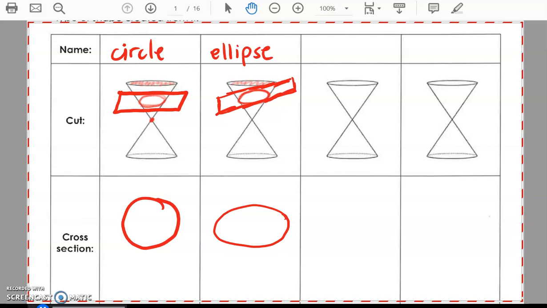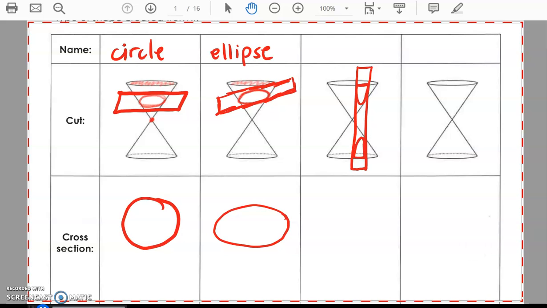And the third one is when you have a cross section going from the top base down to the bottom base. So essentially it's a vertical slice like this, and that is going to create a shape like this.